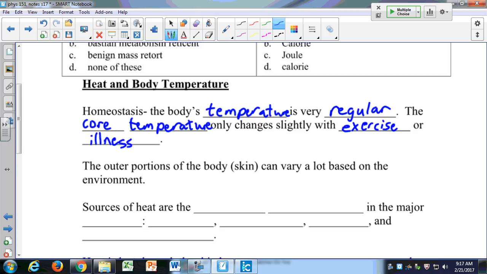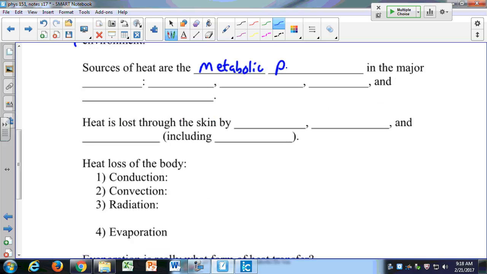Now, the temperature of your extremities can change, your fingers, your nose, and they are actually quite a bit different from your core temperature, but your core temperature remains basically the same. So the outer portions of the body can vary a lot. Sources of heat are the metabolic processes in the major organs.